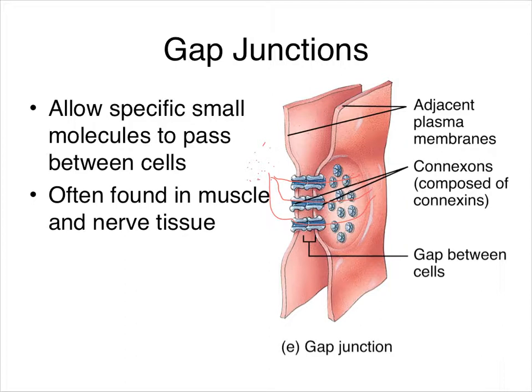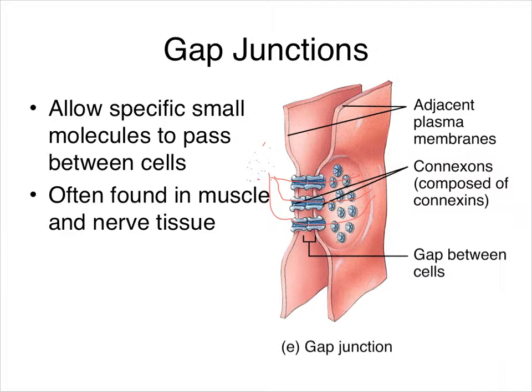And it makes for a much faster transmission. These are particularly found in smooth muscle cells and in cardiac muscle cells, where you have cells that need to communicate with each other in a coordinated fashion. Like you want to have all of your heart basically beating in unison.